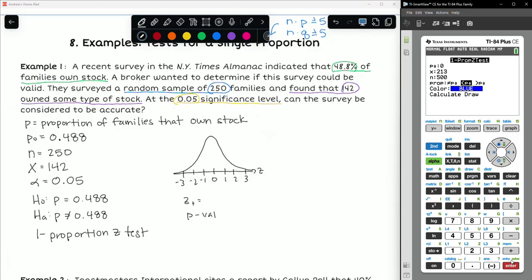That's option 5. It asks us for our claimed proportion, sample successes, sample size, and then what our alternative looks like. So our p-naught is 0.488, successes is 142, sample size is 250, and we're looking at not equal to.